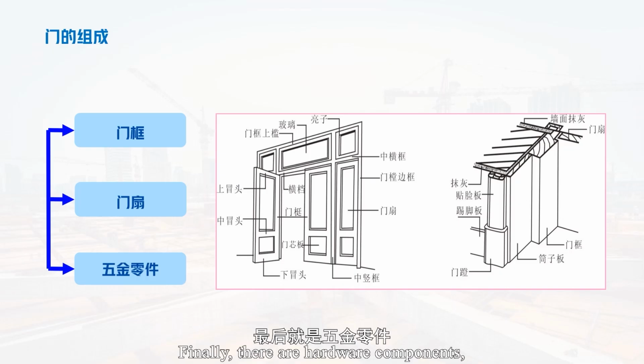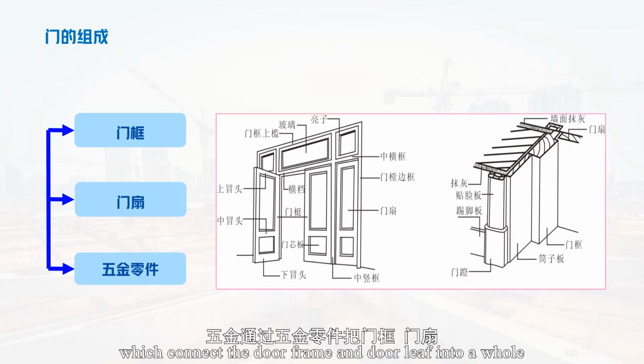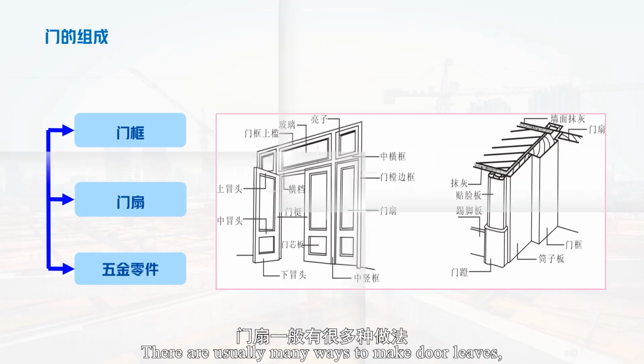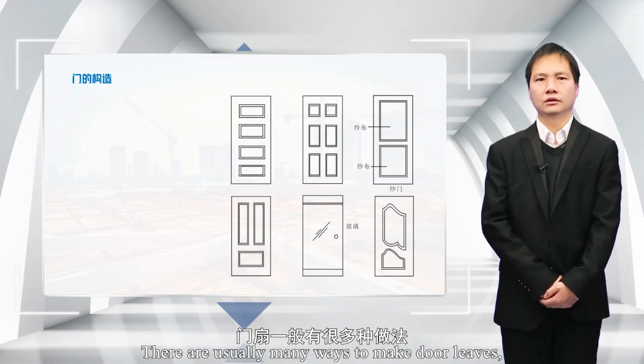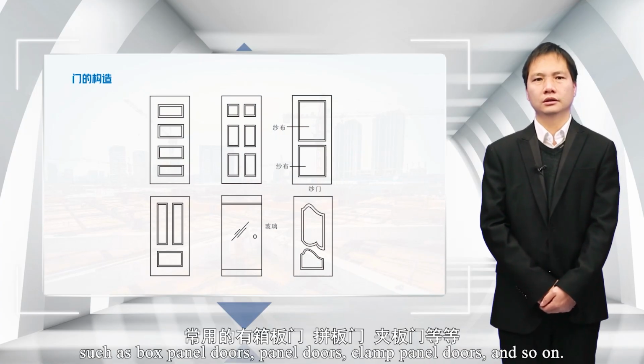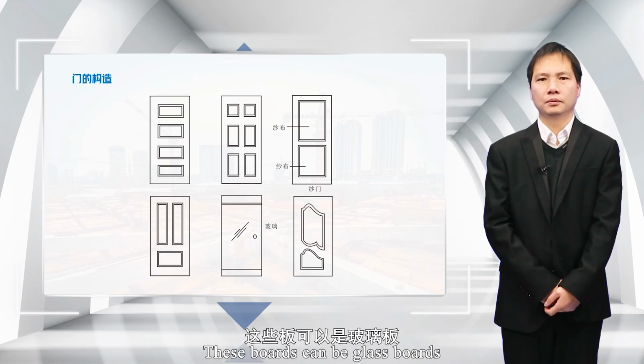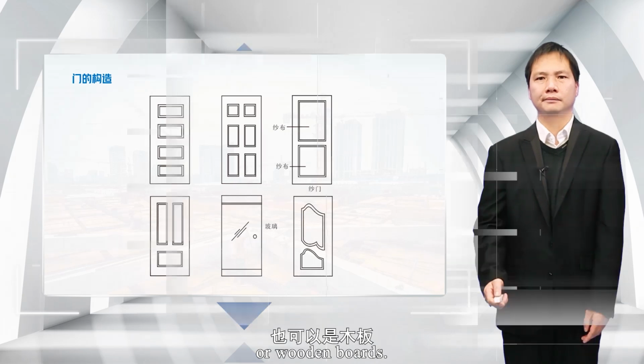Finally, there are hardware components, which connect the door frame and door leaf into a whole. There are usually many ways to make door leaves, such as box panel doors, clamp panel doors, and so on. These boards can be glass boards or wooden boards.